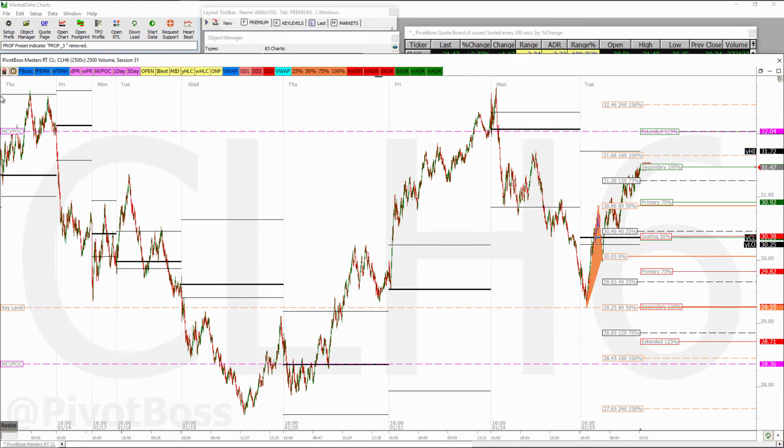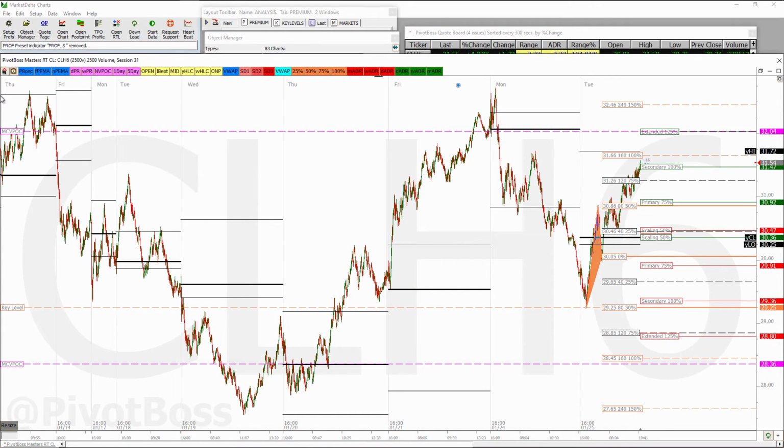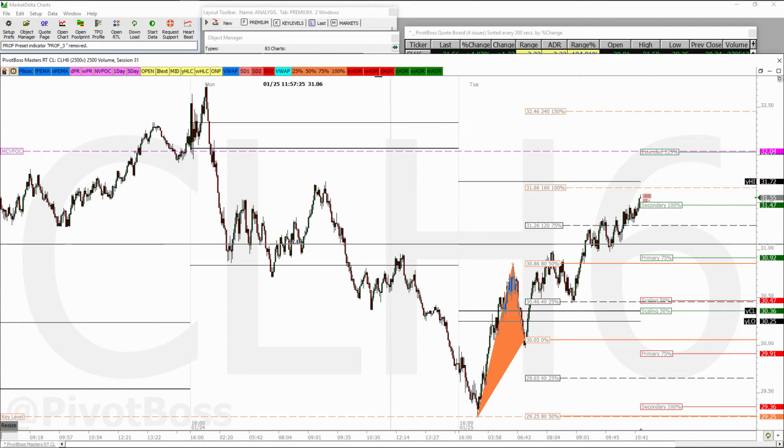So basically speaking, if we just draw a crude drawing of this, up, down, up, down, up, down, up, right? Something like this. Whenever it closes near the high of that move, so the next day you're going to see the close here, the next day you're going to see the high here, after all of this trending movement, the first thing that happens is you're going to see bulls attempt to expand the range right here.